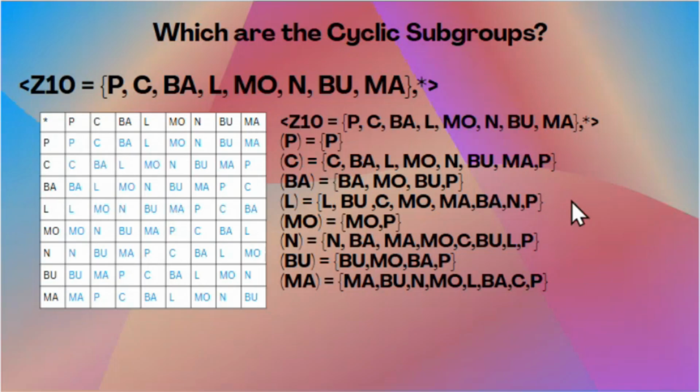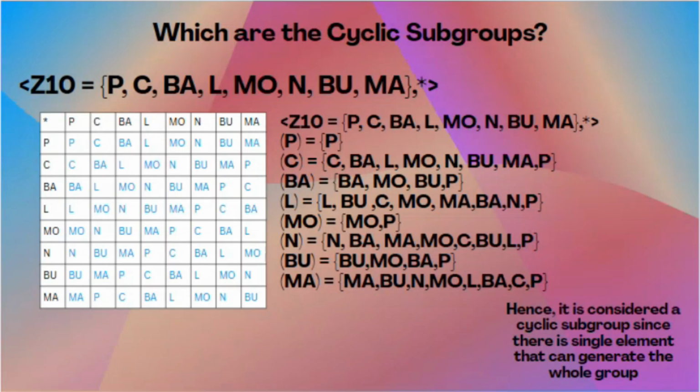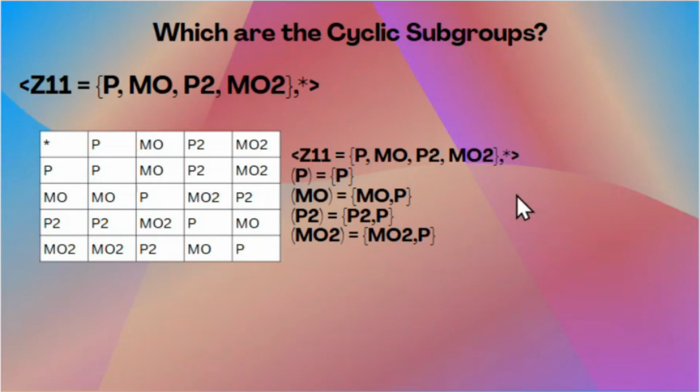So as you can see here, we have four elements that generate the whole group. So therefore, it is considered a cyclic subgroup. Next one, we have P, MO, P2, MO2.